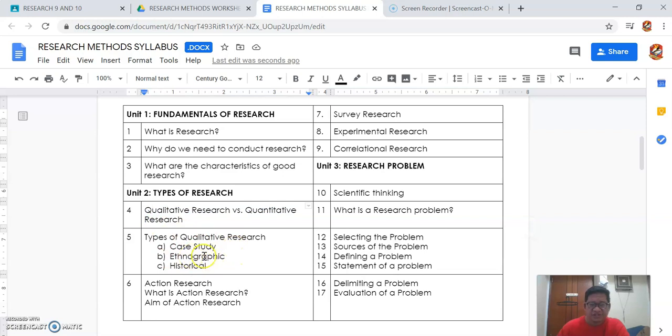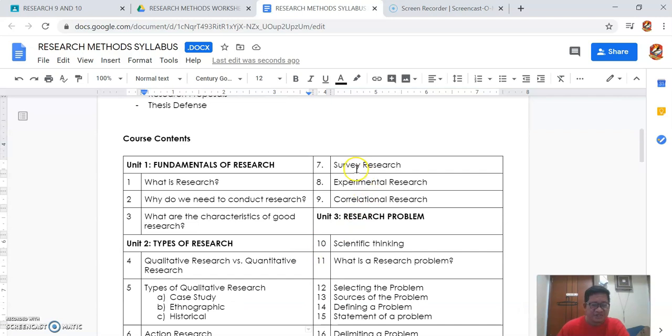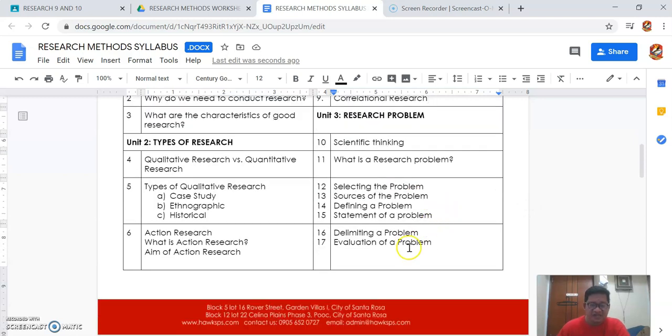We're going to discuss about the type of the qualitative research. We're going to dive into an action research, and what's a survey research, an experimental research, a correlational research. And then after the unit 1, 2, we're going to start writing our research problem.